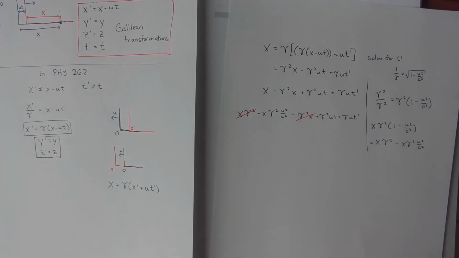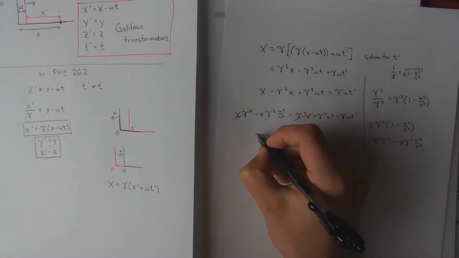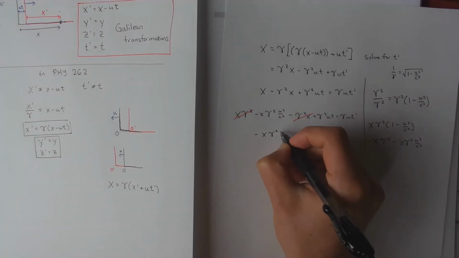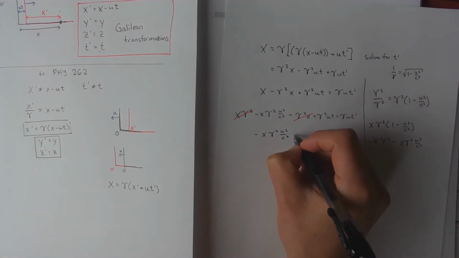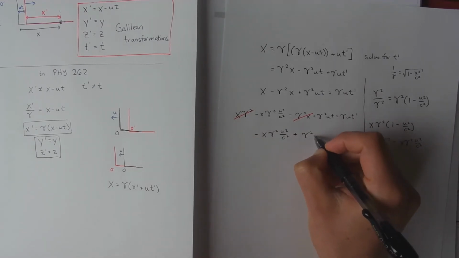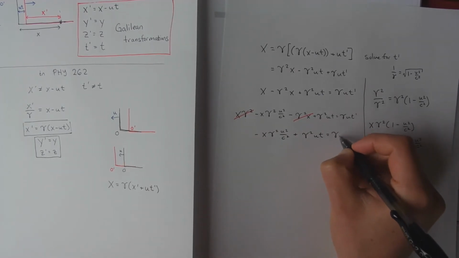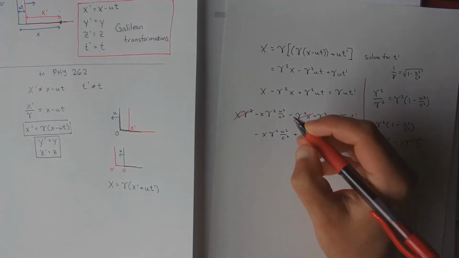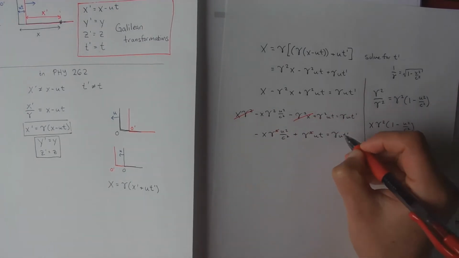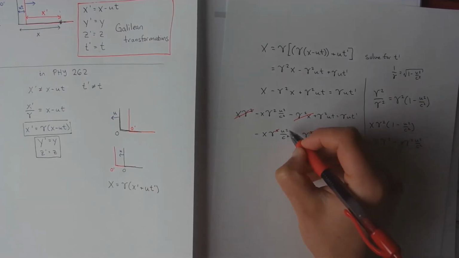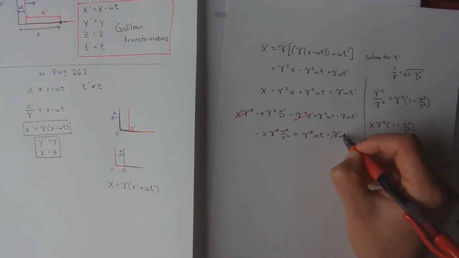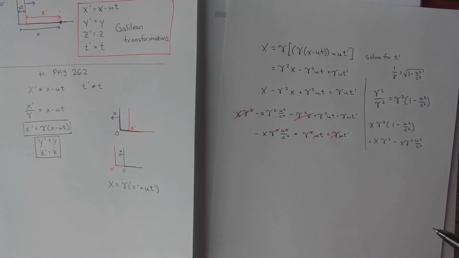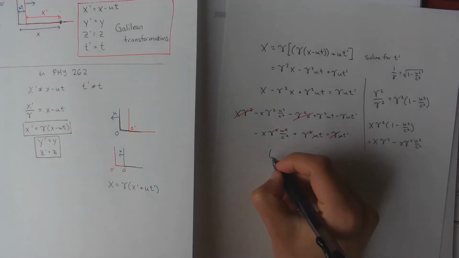And then if I look at everything I have left, let me just rewrite it. I have minus x gamma squared u squared over c squared plus gamma squared ut is equal to gamma times ut prime. So there's a factor of gamma in every term, so we can cross out one of those, and a u in every term, so we can cross out one of those from each term. And now let me bring the t prime over and write it this way.